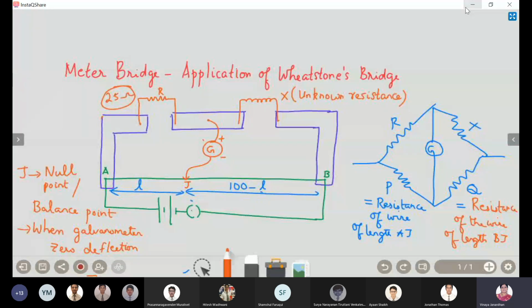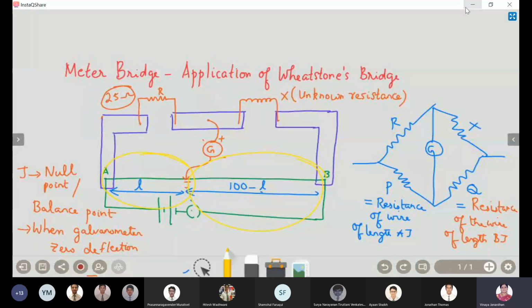Now, how will you measure P? The resistance P is nothing but the resistance offered by the wire of length AJ. Then Q is the resistance offered by the wire of length BJ to the flow of current.